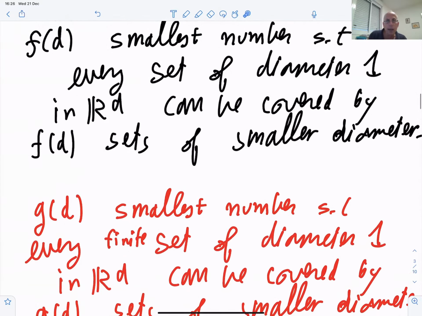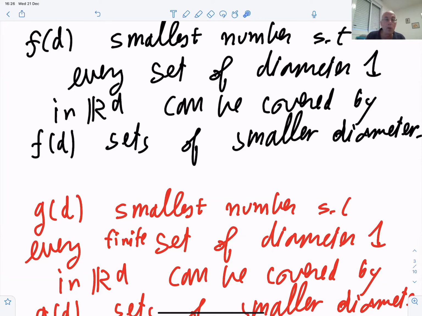So we define two very similar functions, one for general sets and one for finite sets. Of course, as long as you believe the Borsuk conjecture, it's a bit late for that, if F of D is D plus 1, then G of D is also D plus 1, and they are the same.